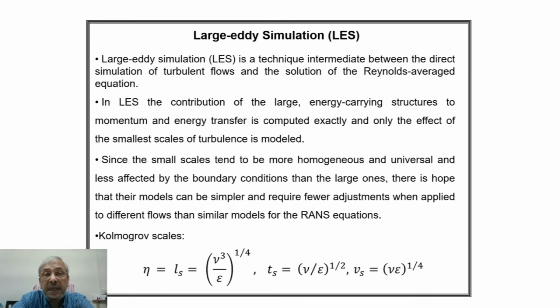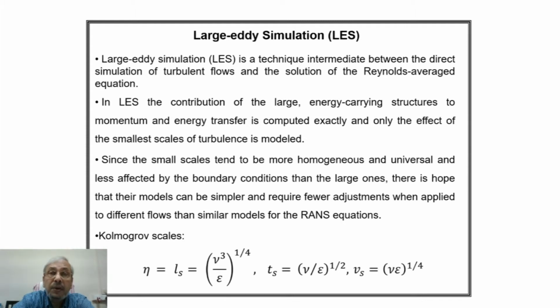So the basic idea is that when we do not apply any model, we solve the equations directly in a given domain. Our grid size, grid mesh, should be such that the smallest scale of turbulence, which is known as the Kolmogorov scale, that smallest scale of turbulence, should be captured.